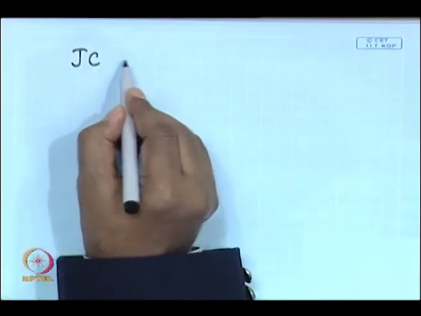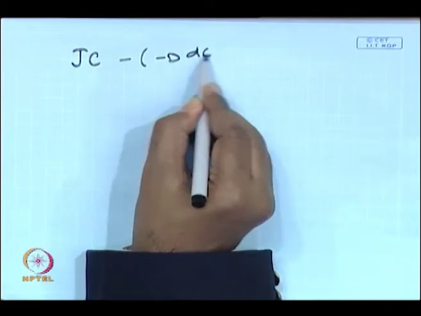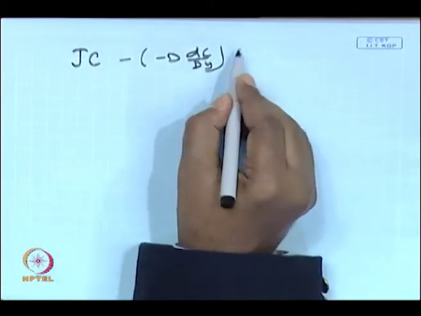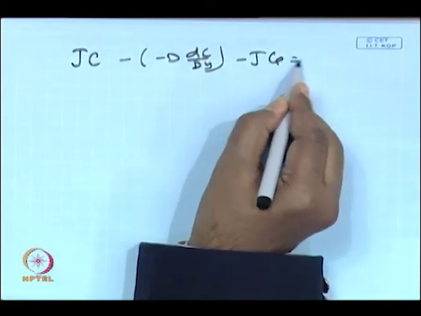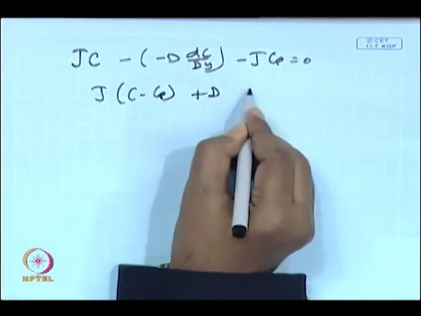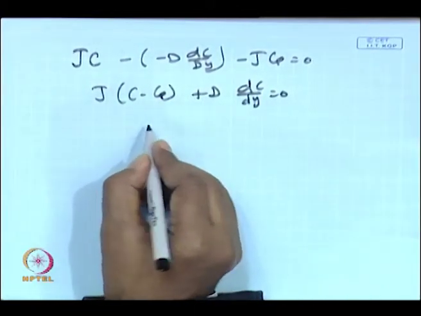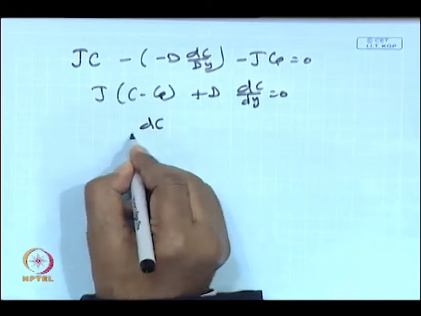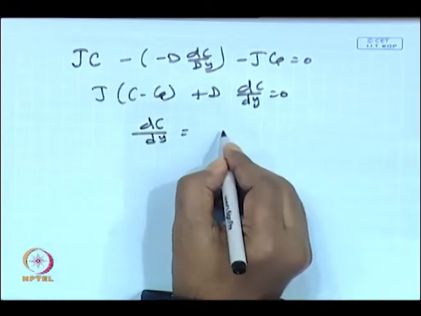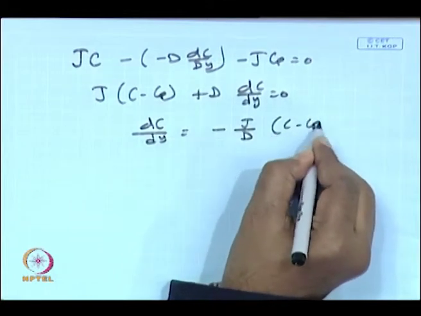J C minus D dC/dy minus J Cp will be equal to 0. So, J times (C minus Cp) plus D dC/dy will be equal to 0. So, you can get the governing equation of concentration: dC/dy will be equal to minus J by D times (C minus Cp).